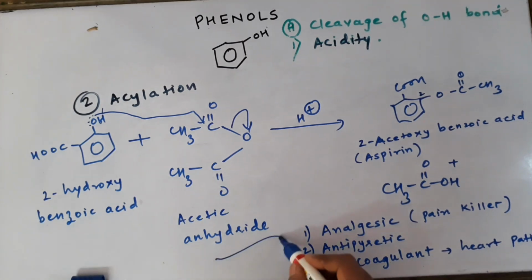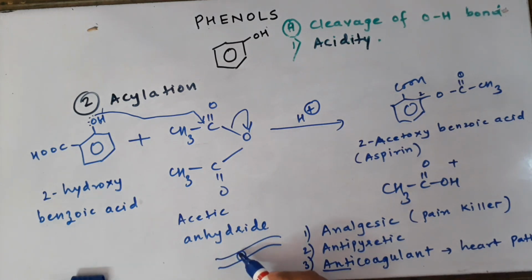Suppose this is the blood vessel, and the blood vessel might develop blood clots. If these blood clots are developing, the blood flow will stop and it might cause heart related problems, heart attack and so on. So intake of aspirin will prevent the formation of these blood clots, because aspirin will act as a blood thinner.